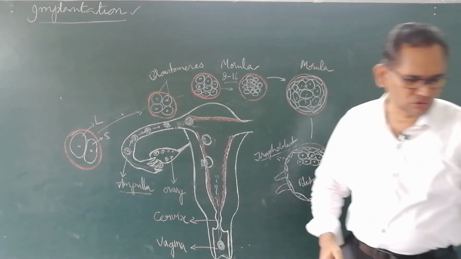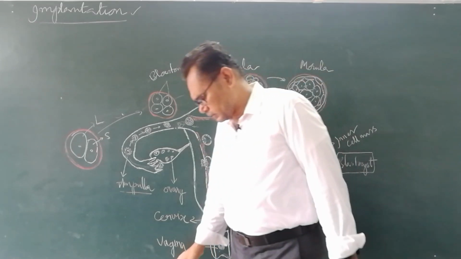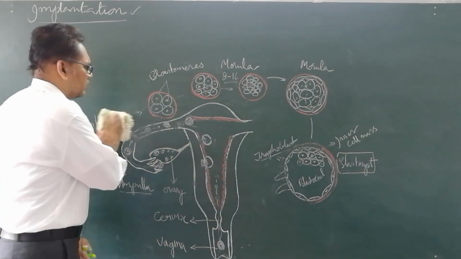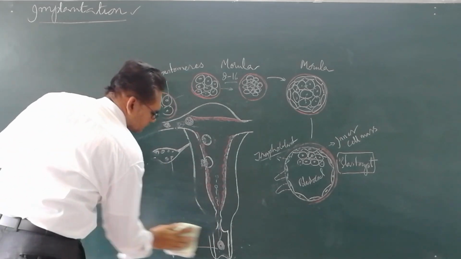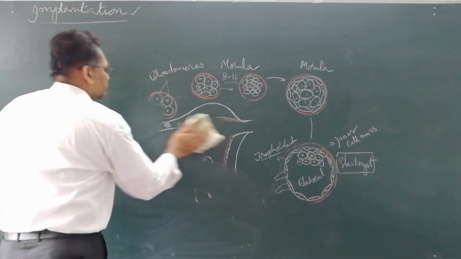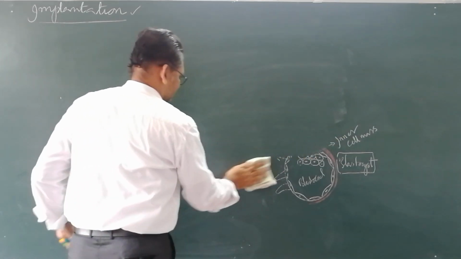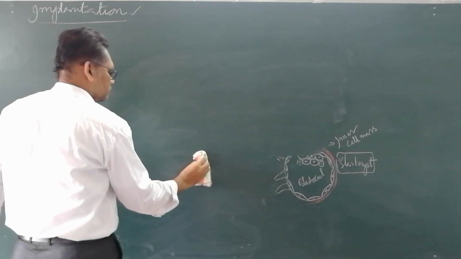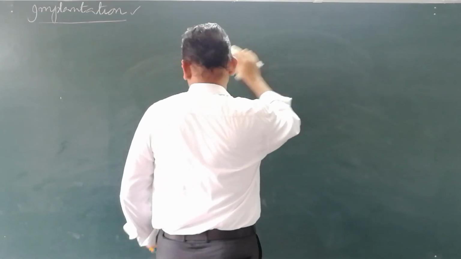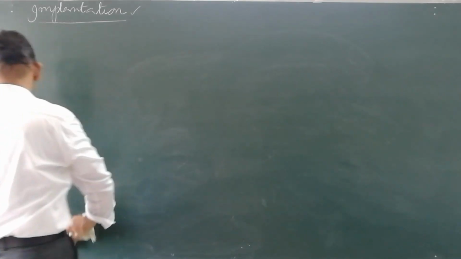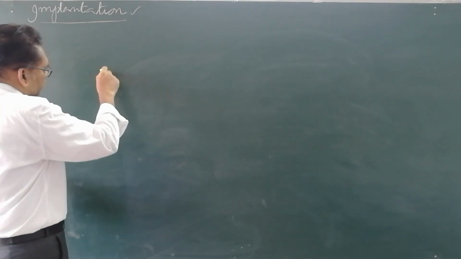Now, this is how it looks. This is the uterine endometrium.